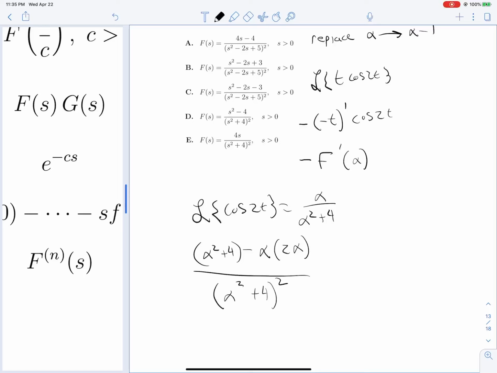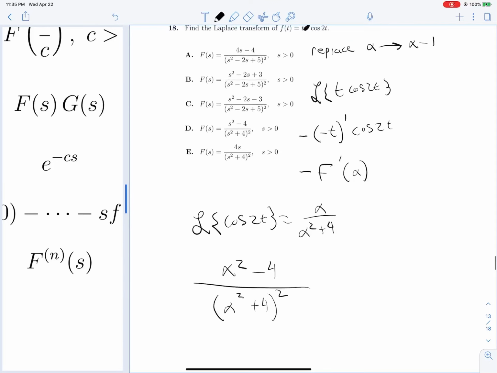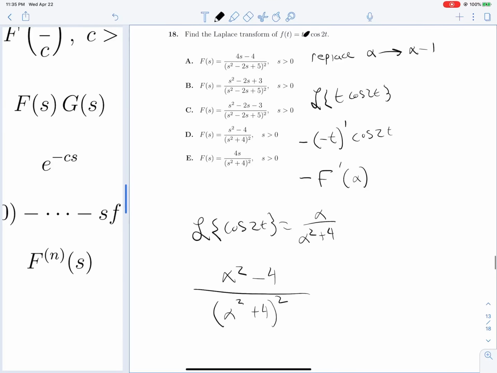And then we remember that we're finding the negative derivative, so we can flip the signs over here. We get 2 alpha squared minus 4, so we get alpha squared minus 4.